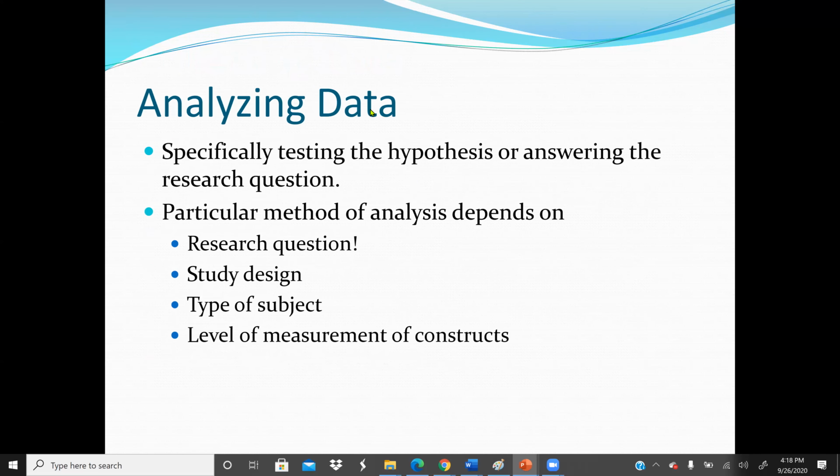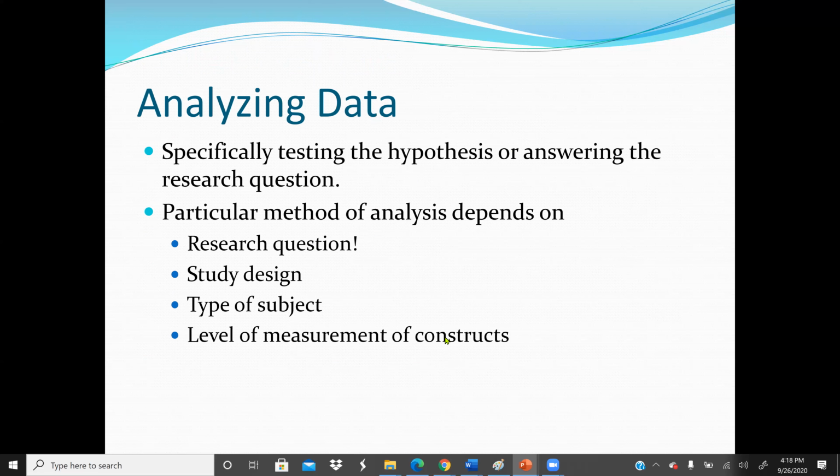So next, we analyze our data. Here we are specifically testing the hypothesis or answering the research questions. The particular method of analysis will depend on what? The research questions, the study design, type of subject, and also the level of measurement of constructs.